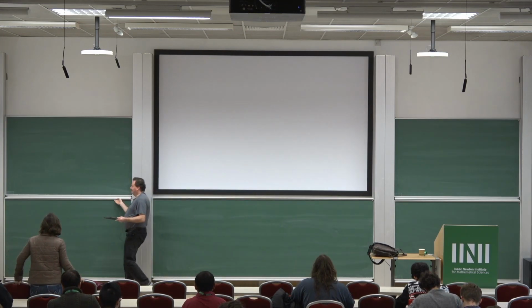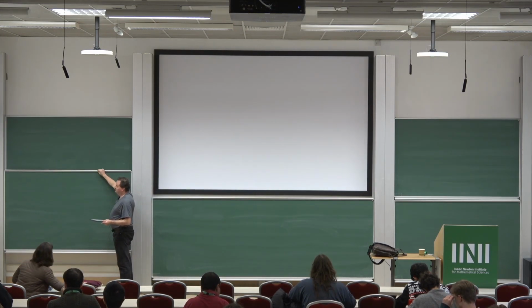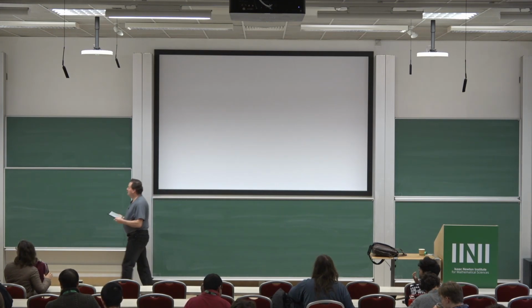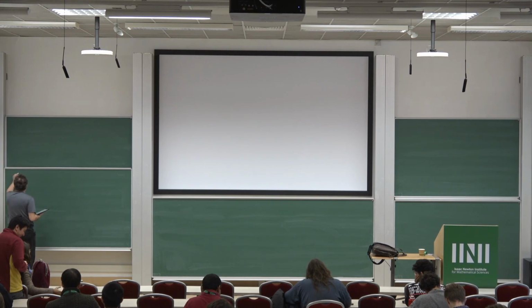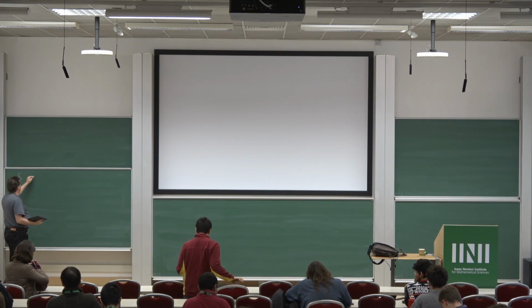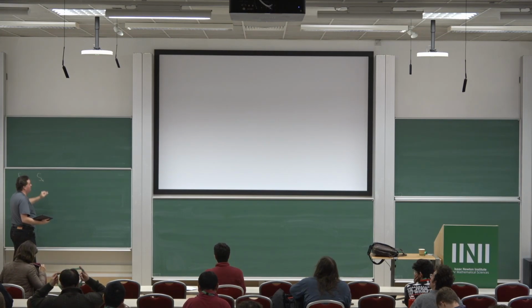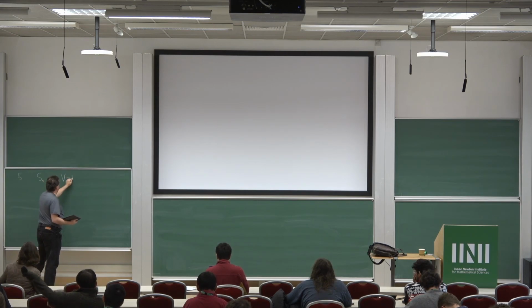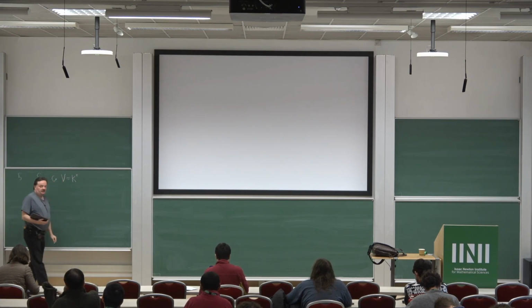So yesterday we finished sort of with the finite group actions. So I'm just going to continue with that. Yesterday we discussed the case where we have the symmetric group acting on an n-dimensional vector space by permutations.